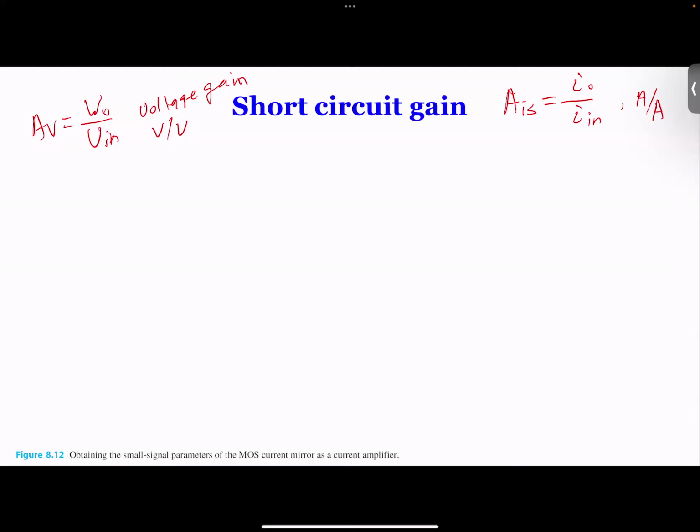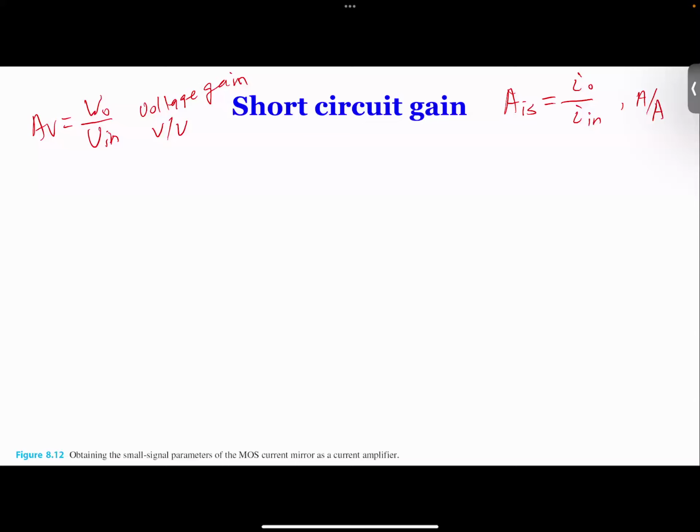However, in the future, I think it was chapter 11 or 12, when we look at feedback, all of a sudden we say, oh no, actually there are other types. If the input is current but the output is voltage, your gain is voltage over current. That has a unit of volt per ampere, or ohm, but we don't use ohm because it's a gain.